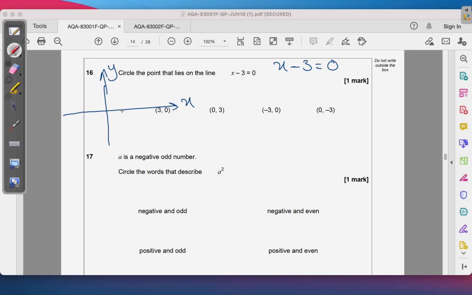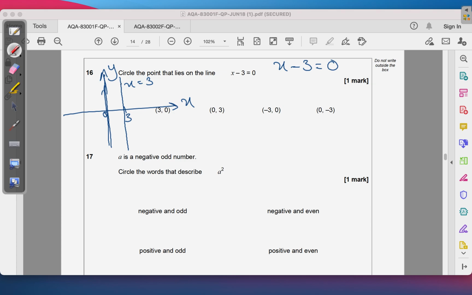Now let's think about this. Say we've got numbers here. Let's say 3 is there. If we take our x value and take 3 away from it, we always get 0. That means we always end up on the y-axis, because this is where x equals 0. So for that to be true, our line has to be straight down through 3, x equals 3.